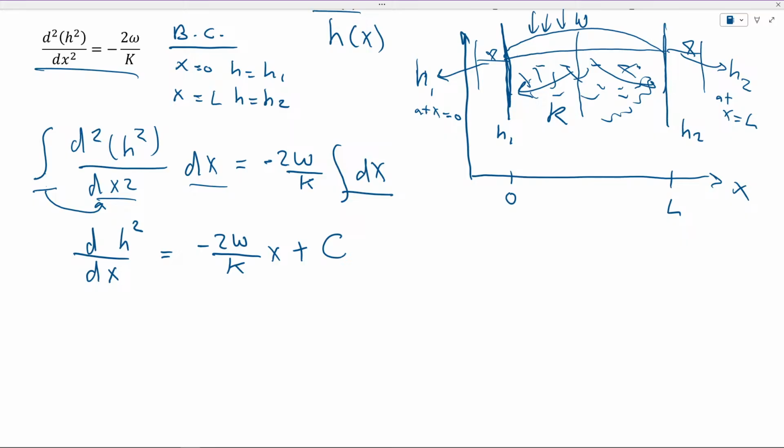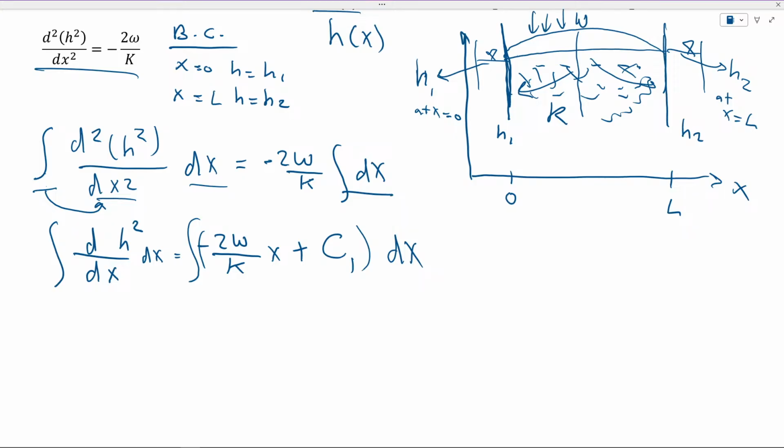We integrate this again, with respect to dx, is equal to the integration of this with respect to dx. Let me just call this C1 because I know we'll get another one of these, yeah?